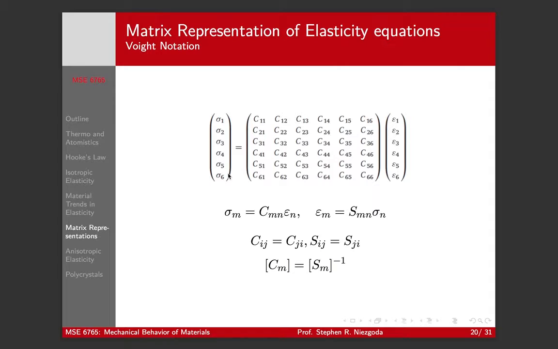There's some subtleties here. The first being that when we talk about second order tensors, the matrices that represent a second order tensor also transform in the same way that a second order tensor transforms.